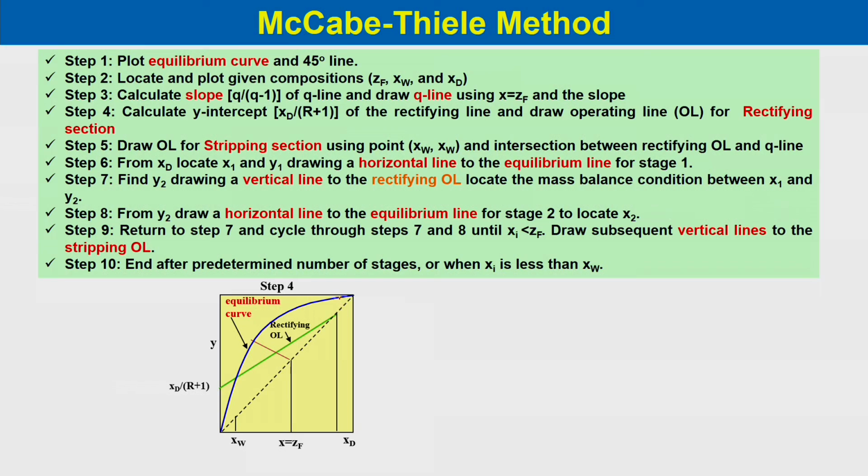Since x D is known to us and we know the reflux ratio, we can easily calculate x D by R plus 1. So, we can locate the intercept on the y axis and then join these 2 points to obtain the rectifying section operating line. This is much easier than using a point and the slope of the operating line.